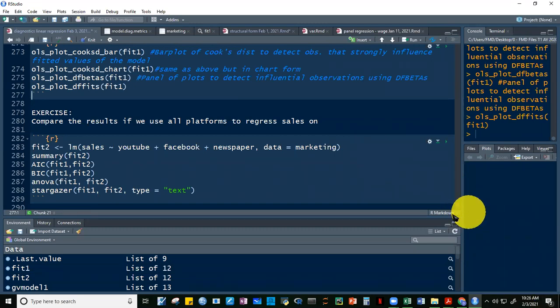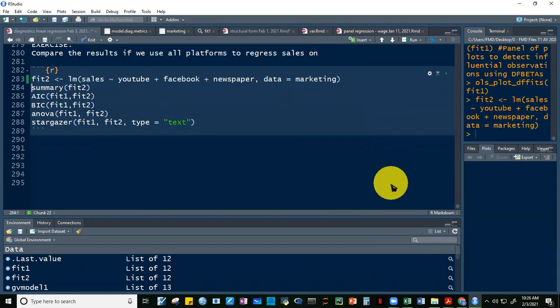Of course, hindi na natin aabutin lahat. Pero what's important is that you know the process. So we're creating an object now called fit2. So linear model natin si sales regress on YouTube plus Facebook plus newspaper. Okay, data is equal to marketing. So run natin to. Okay, so may fit2 na tayo.